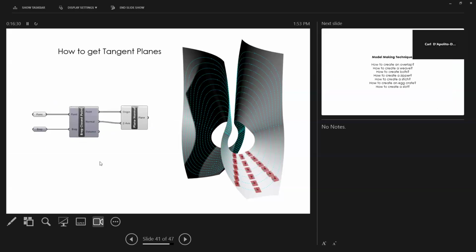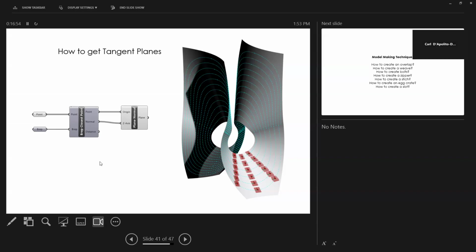And how to get the tangent planes is just this. This is all it is. It is the same bit of code, the points and the closest surface component, and then instead of drawing a line, making a plane with the origin and the normal, which produces all these planes down here.